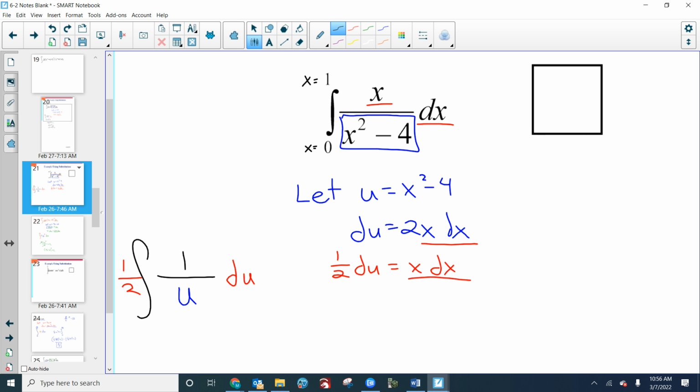From 0 to 1. Okay? But it's not 0 to 1 on this thing. This has been scaled. There's been a substitution. What bounds are these going to be? Not x bounds. u bounds. How do we get u bounds?